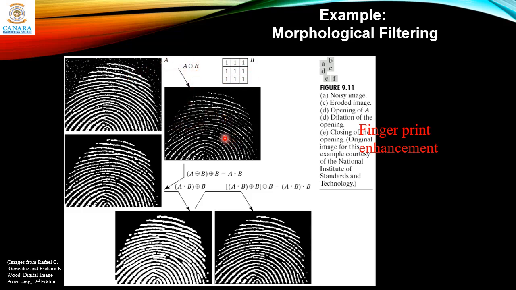And then we perform dilation, which basically gives you the opening of A. So opened image of A. And then we perform dilation of the opening with this. A open B dilates B. And then finally we perform the closing operation. So A open B dilates B whole closing of B. Here is the output, closing of the opening.